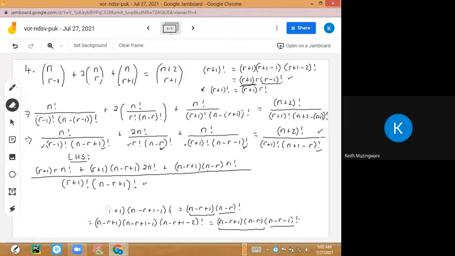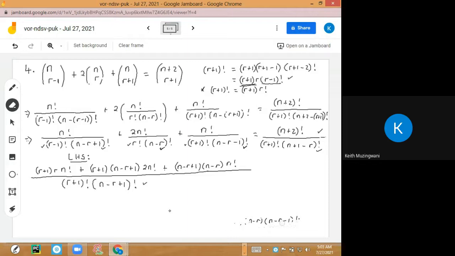So let's see what happens now. Okay. So the denominator as it is, factorial, we can even write it now in this form so that it looks exactly like what we have written on the right hand side.